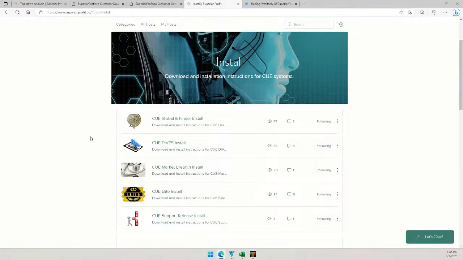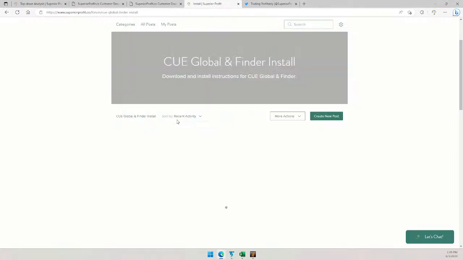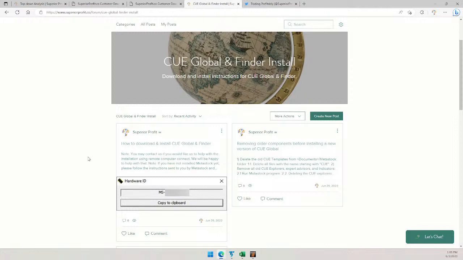Click on the install category and you will find several subcategories, one for Q Global and Finder and one for Q Elite. Let's go to Q Global and Finder. Here you will find the steps for downloading and installing Q Global Finder. And as I mentioned, before installing the latest version, you may remove the older components. For that, the steps are mentioned here. Removing older components before installing a new version of Q Global.